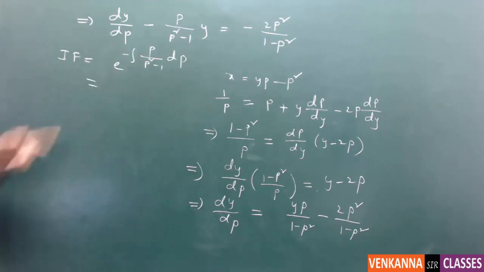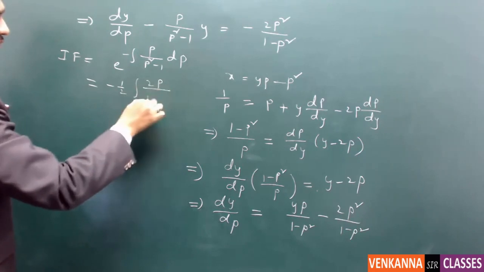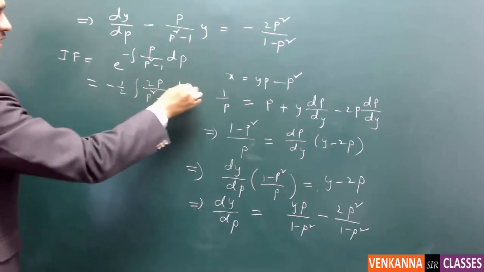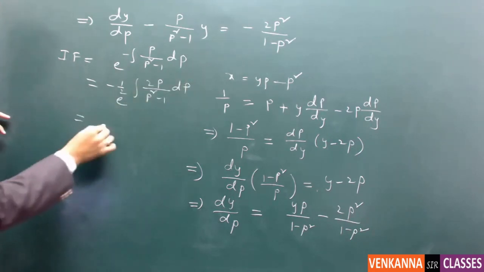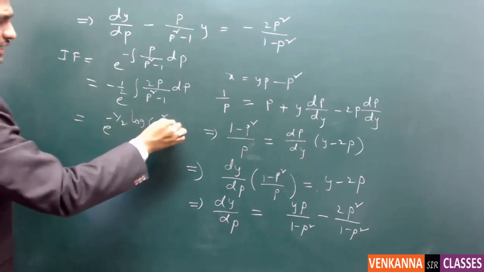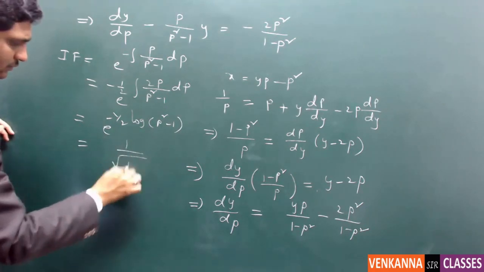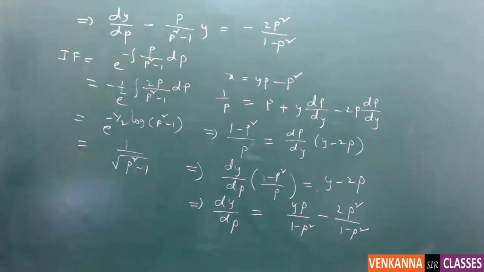So this value equals minus 1 by 2 integral 2p by p square minus 1 dp, e power minus 1 by 2 log of p square minus 1. So e log gets cancelled. This is the integrating factor.